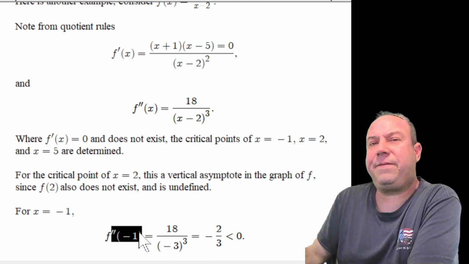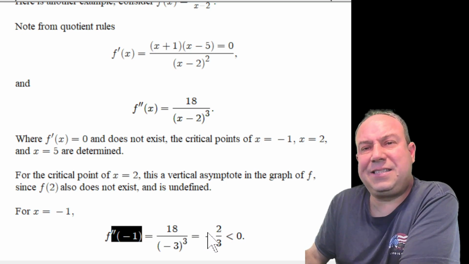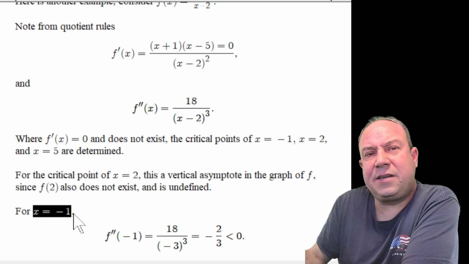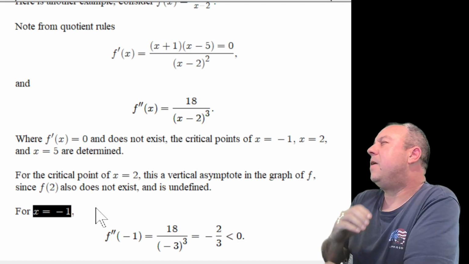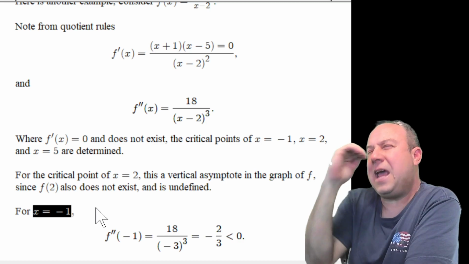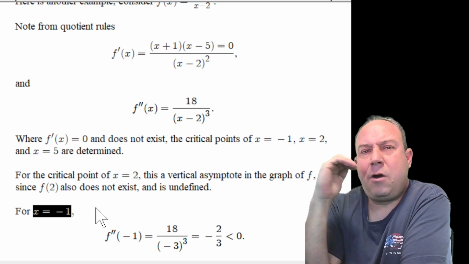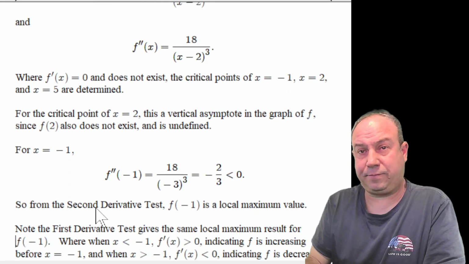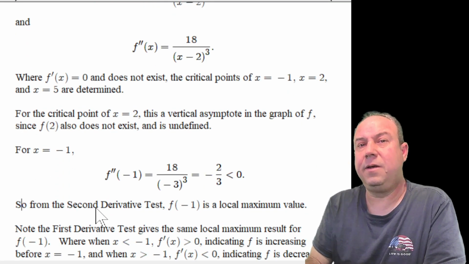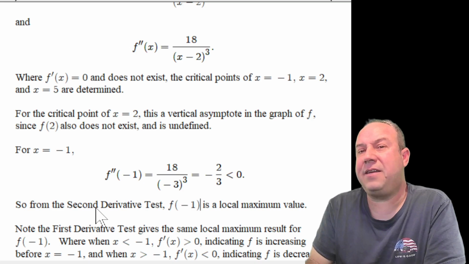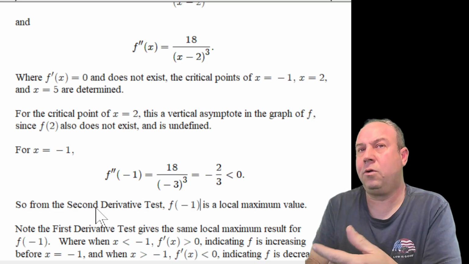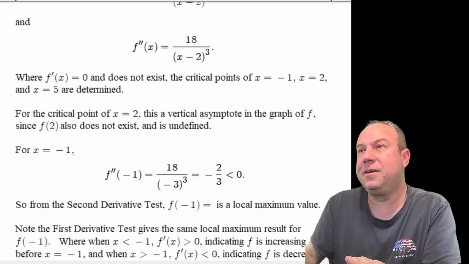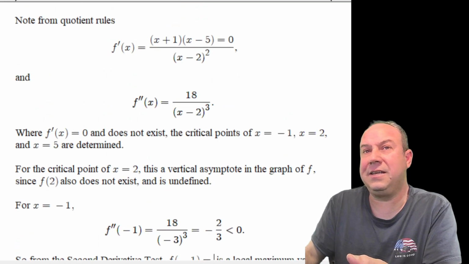So since f double prime at -1 is less than 0, that means at x equal to -1, from the second derivative test, we must be concave down and have a local maximum value at that value of x. From the second derivative test, f at -1 is a local maximum value, and we probably should evaluate what that is.